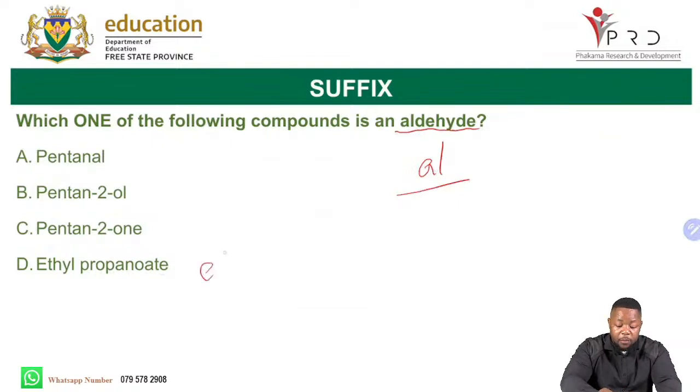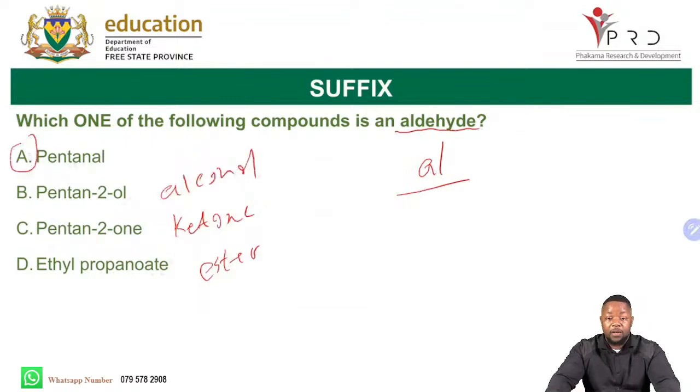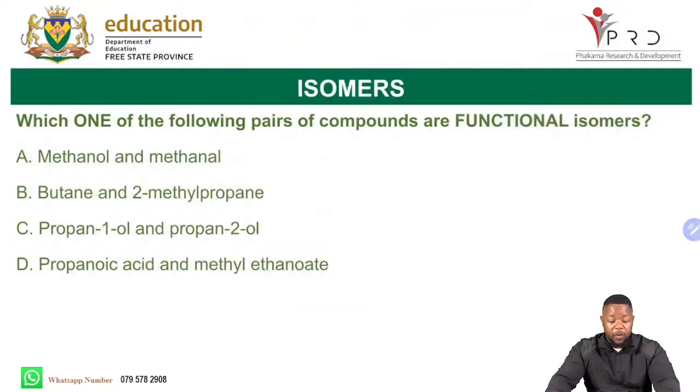And then we might want to remember that this must be an ester, and C must be a ketone, and B must be an alcohol, and therefore the only aldehyde here will be A. So it is very important to look at the name endings and be able to predict the homologous series and the functional group. We carry on with these multiple choice questions.